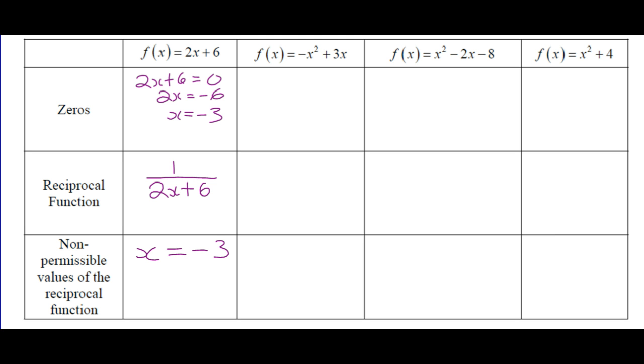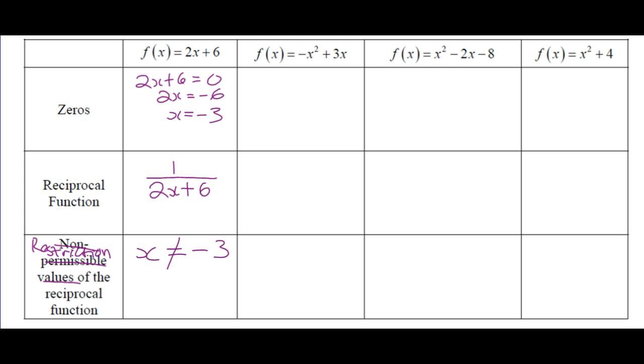If we write it as a restriction, we would say x cannot be equal to -3. So really, let's change this to restriction. So what's the restriction? Right? So we'll say x cannot be equal to -3.